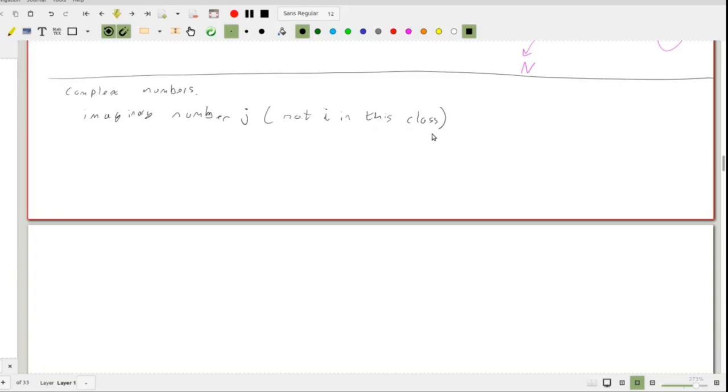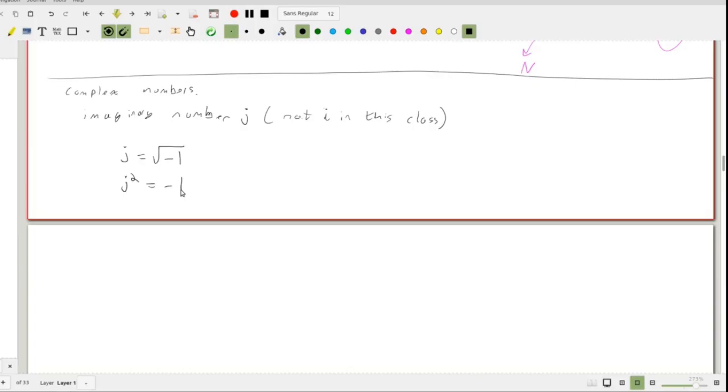Sorry to throw that at you. It's the convention that's used more often in vibrations. It's about 50-50, but it just makes more sense to me. So J is equal to the square root of -1. We're not defining anything too fancy there. J squared is equal to -1. Stuff you've seen before.